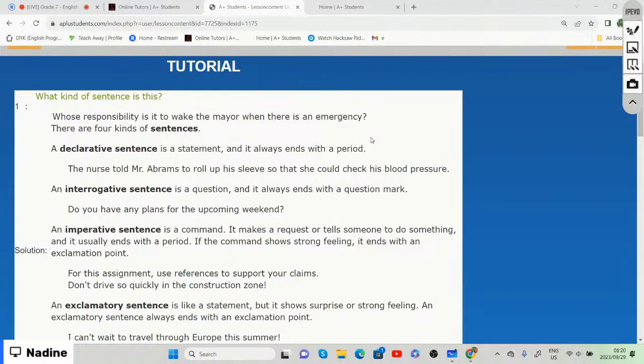So that is a question. It ends with a question mark, which means that this is a question that is being asked. They are asking who is responsible to wake up the mayor when there is an emergency. And of course, with a question, we expect a response.